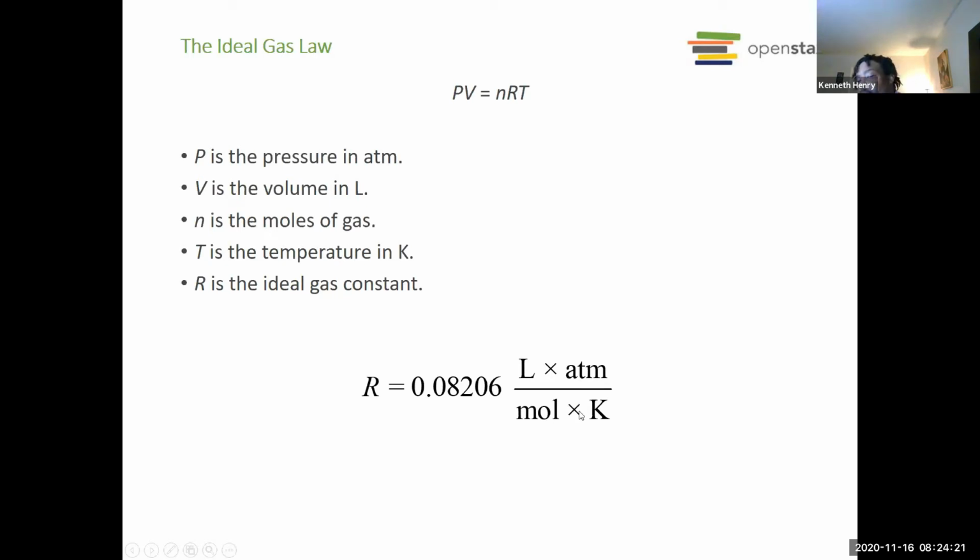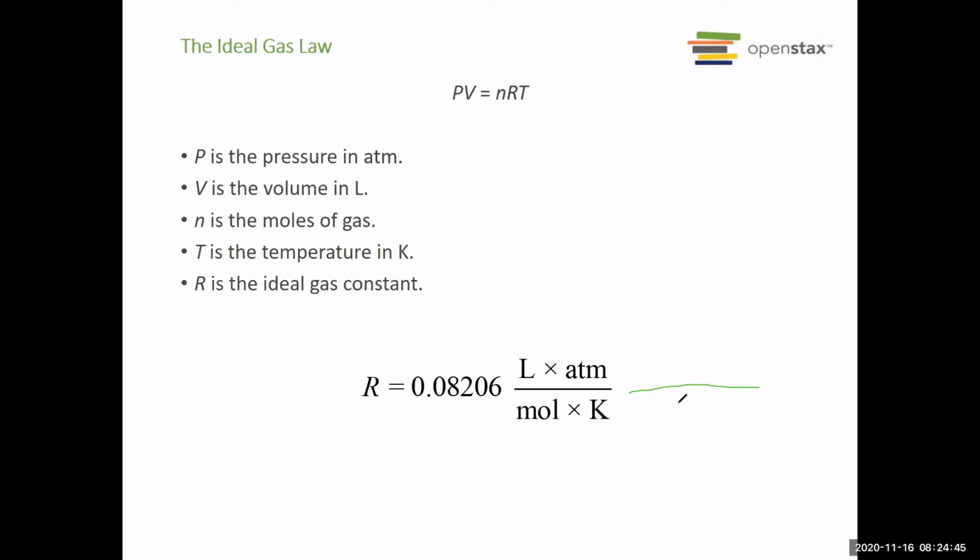Now the units are going to be very important, because if we change those units, we're going to change that value. Even though it's a constant, if I decide to use torrs, I have to adjust this so that I'm converting the units to torrs. So one atmosphere equals how many torrs? 760.